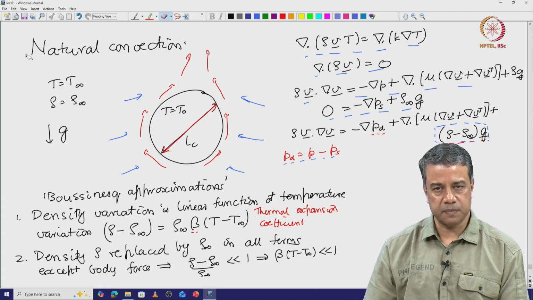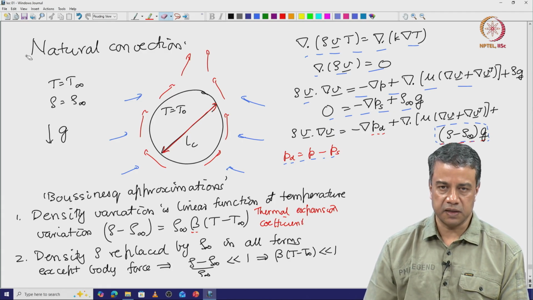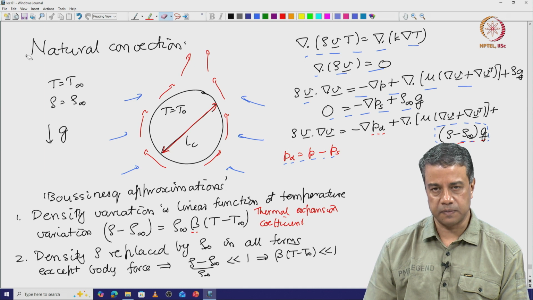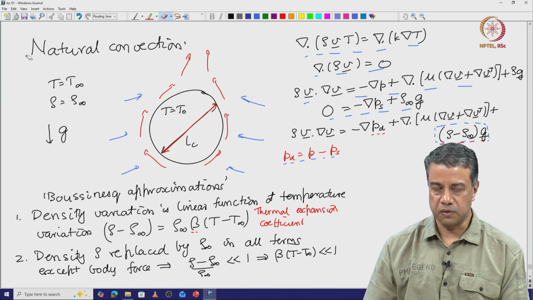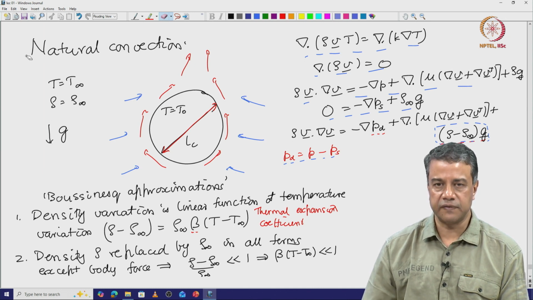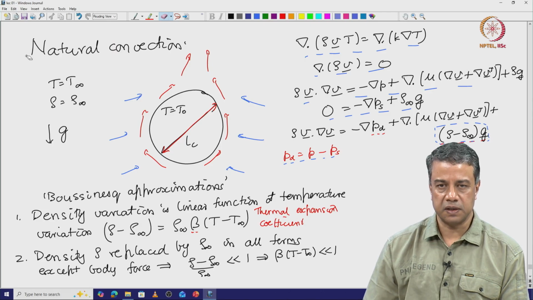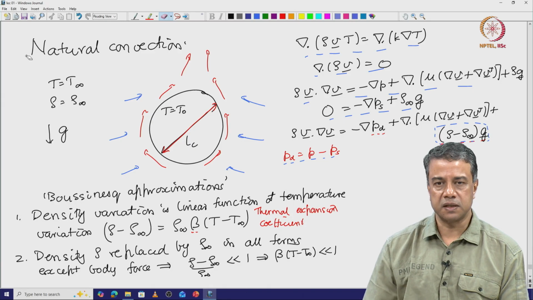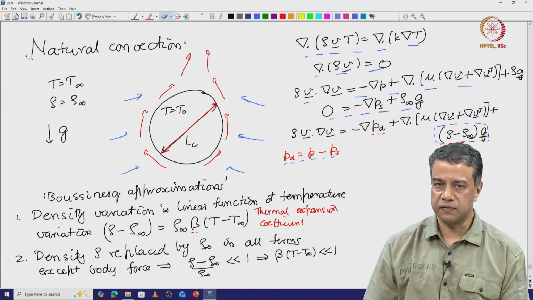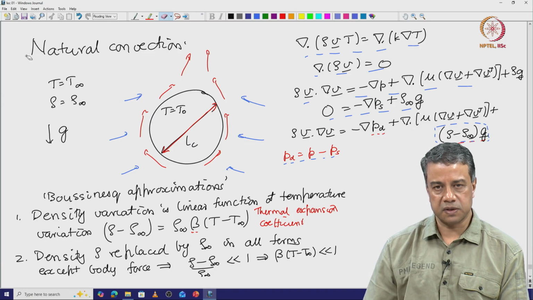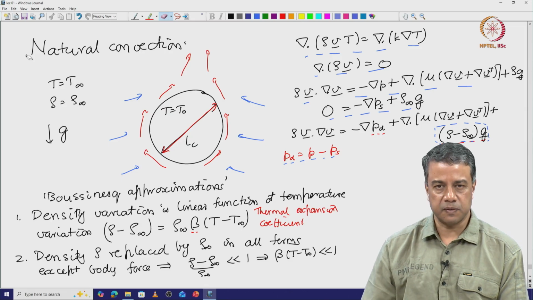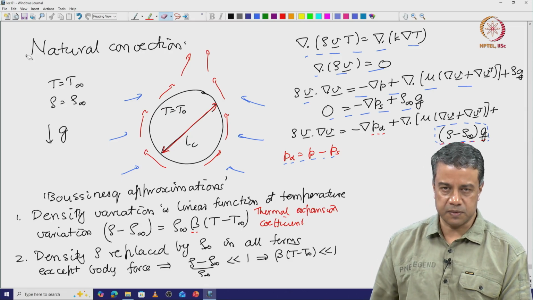Density was replaced by the ambient density everywhere except for this driving term. If you do not have density variations in the gravitational buoyancy force term as well, then there is no flow. So, you have to include that, but everywhere else the density variation was neglected, and I showed you that for gases this is a good approximation if the difference in temperature is small compared to the absolute temperature.